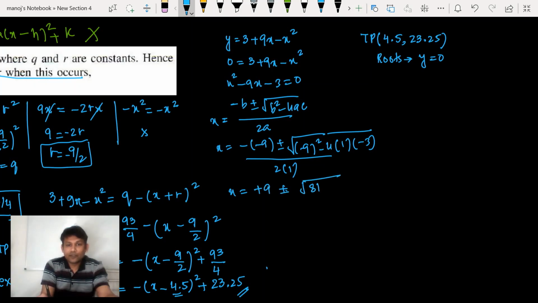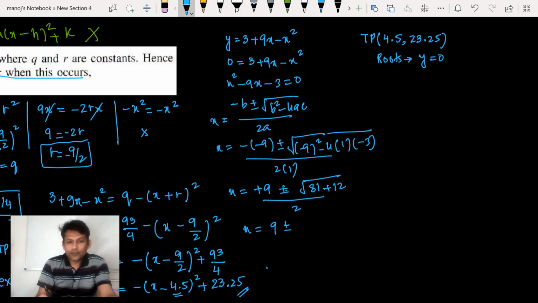This is 81 and minus becomes plus 12, divided by 2. You can use a calculator to get the right answer, but I'm solving. Okay, 81 plus 12 is making 93. So plus minus root 93, divided by 2.